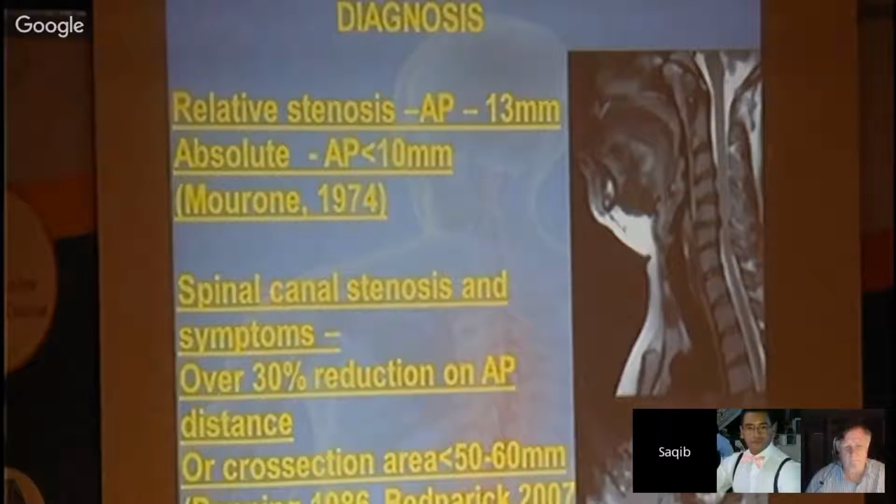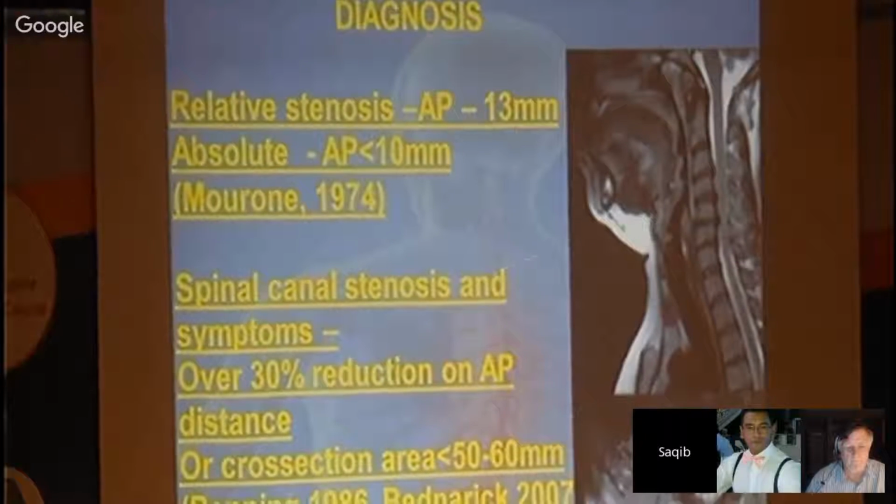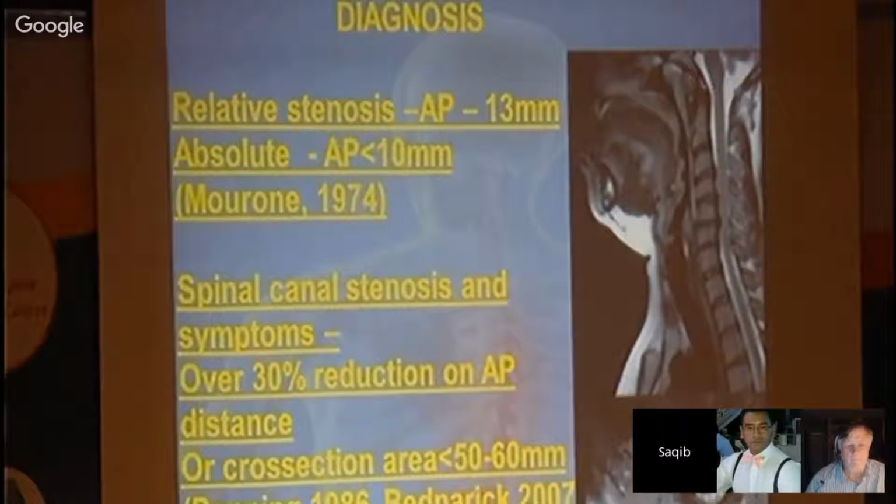And there is a correlation of the stenosis and the clinical expression of the disease. If you have over 30% reduction of the AP diameter, or if you have a reduction of the cross-section area to less than 50-60 square millimeters, then you usually have a symptomatic patient. This is established by these people here.